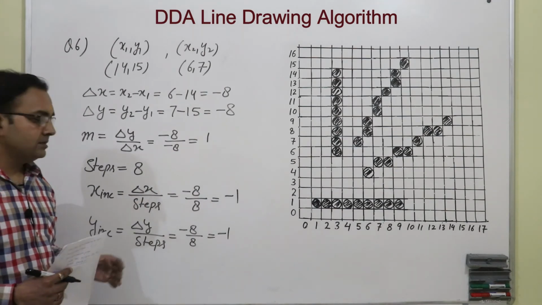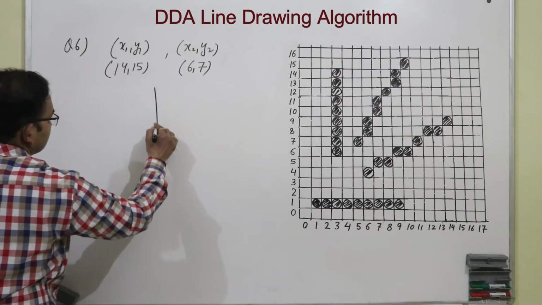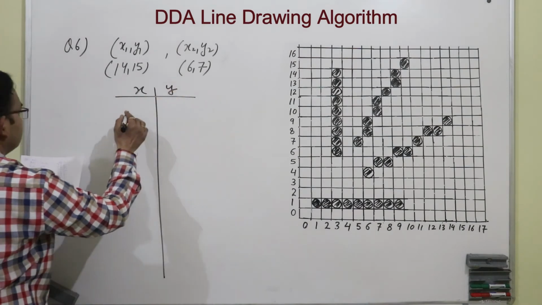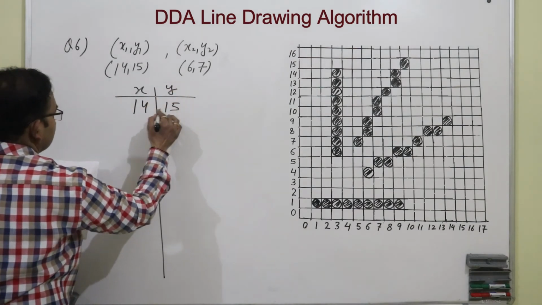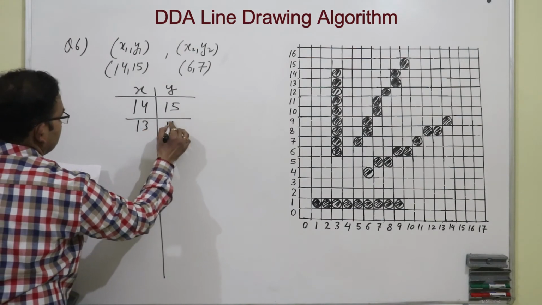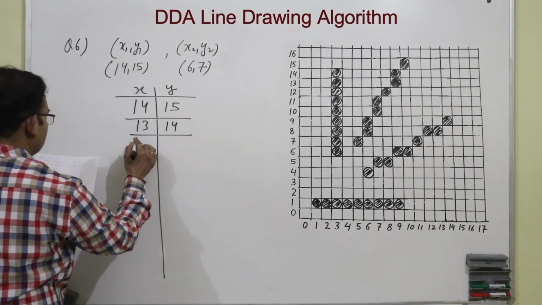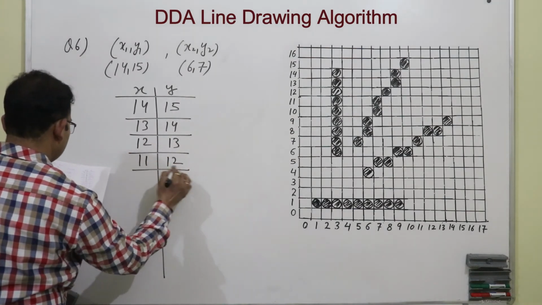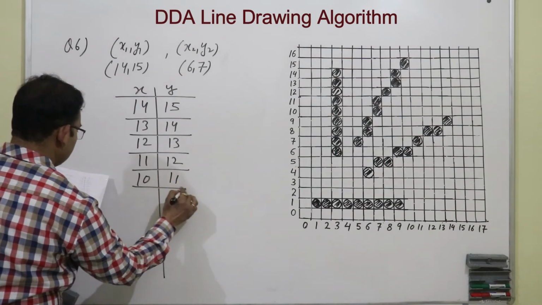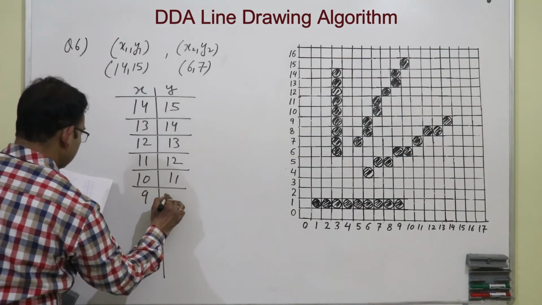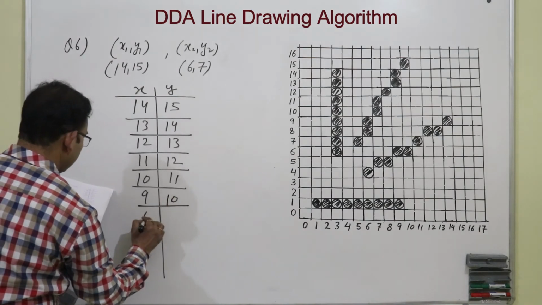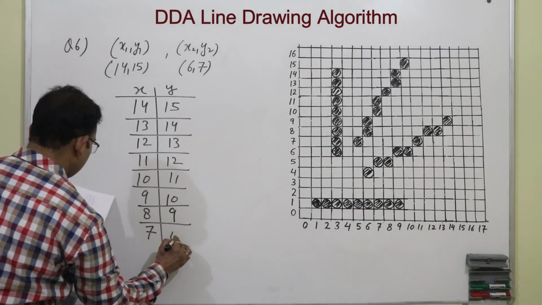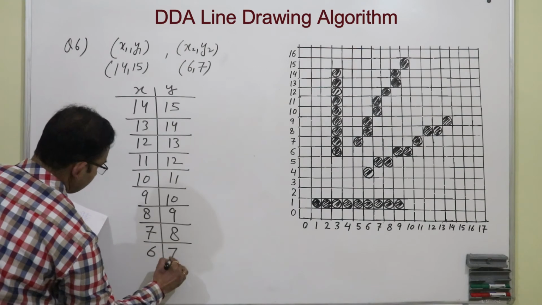Now we will draw a table. X, y: 14, 15, 13, 14, 12, 13, 11, 12, 10, 11, 9, 10, 8, 9, 7, 8, 6, 7.